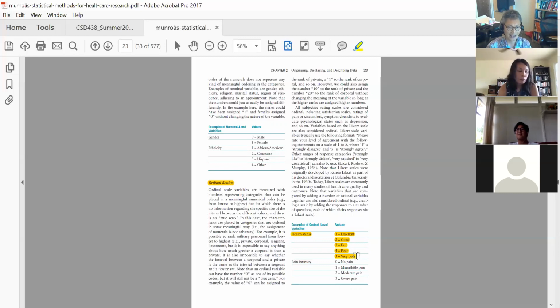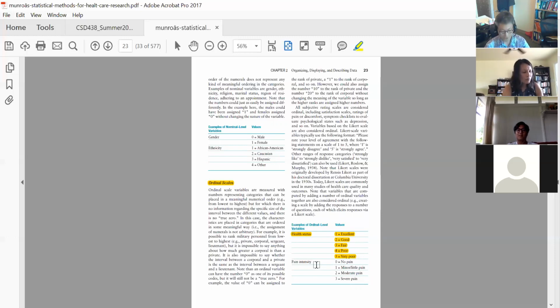But then we have the interval scale. Interval scale is where we have a measure with a number. It's a meaningful numerical order with meaningful intervals, but it doesn't have a true 0, right? So for example, SAT scores, GRE scores, MCAT, those types could be interval.